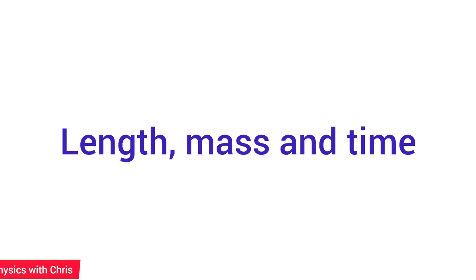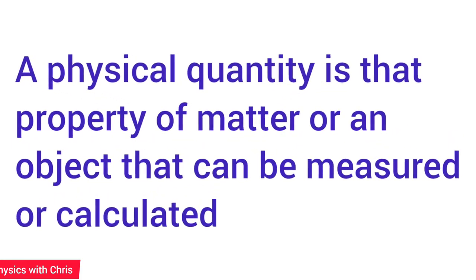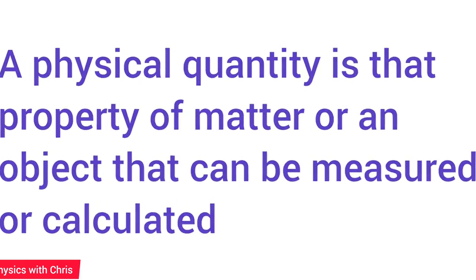Now, a physical quantity in physics is that property of matter, property of an object that can be measured, or can be calculated, if not measured with an instrument. You can calculate it using some physical equations that relate these quantities.